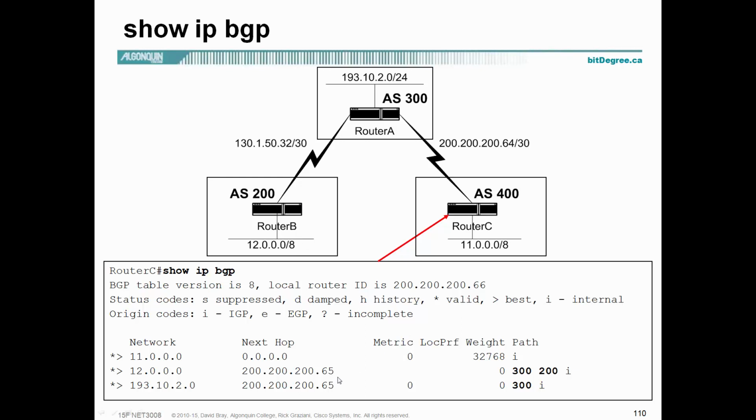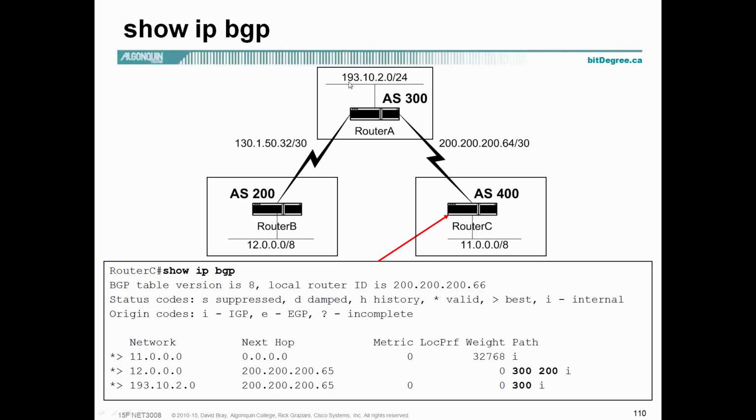If I look at the next hop, the next hop to reach that network is out of AS 400 to 200.200.200.65. And the AS path there says that we have to transit through AS 300, then AS 200, and it was announced by an IGP there. So here we are in AS 400, we have to transit through AS 300 to AS 200 to get to that network. That is precisely what we expect to see.